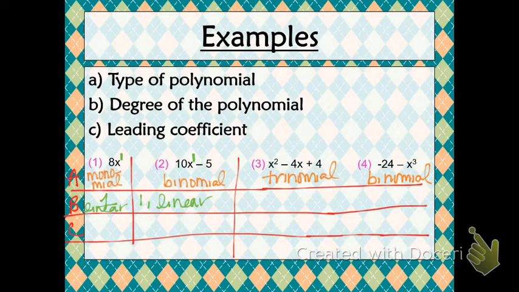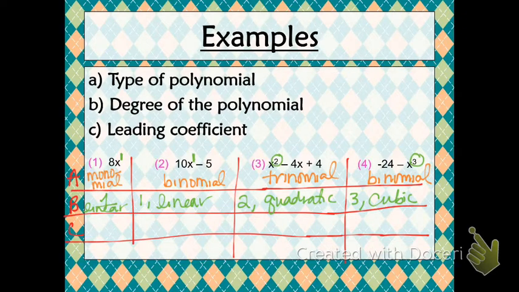Number 3, the highest degree is the 2 here, so that's degree 2, and we call that quadratic. And number 4, the highest exponent is a 3. So for degree 3, we call that cubic. Remember, degree 4 would be quartic, and anything above that we don't have a special name that we're going to use, so we're just going to say degree 5, degree 6, and so on.